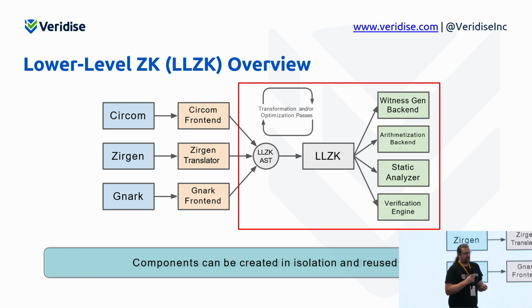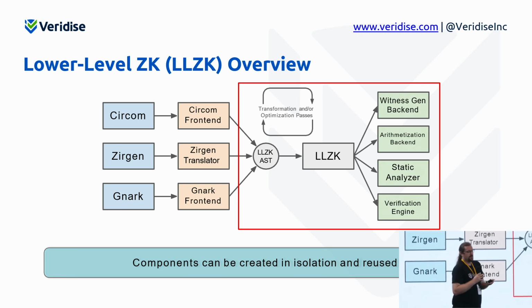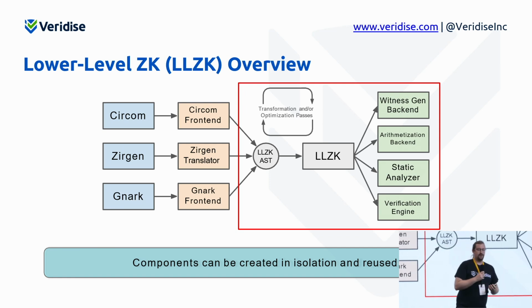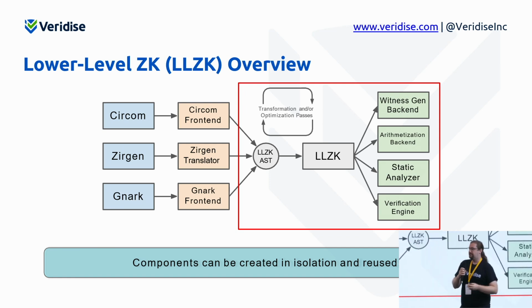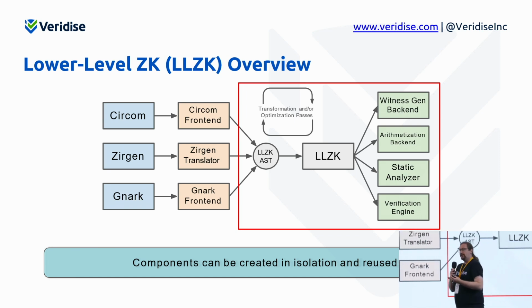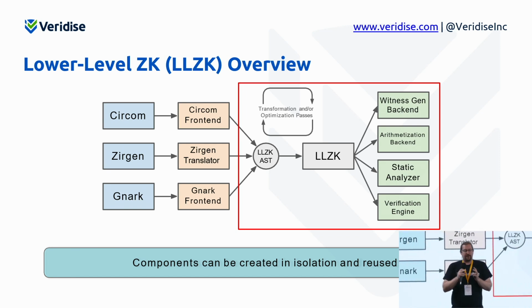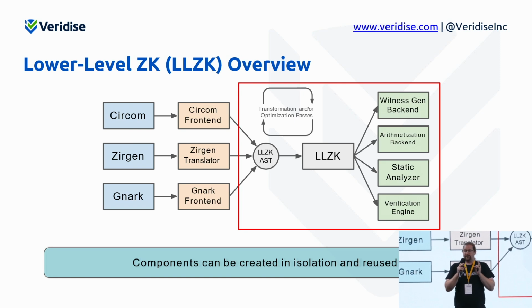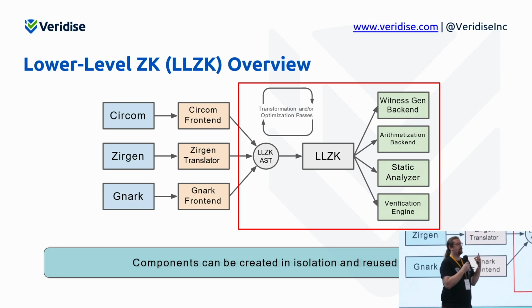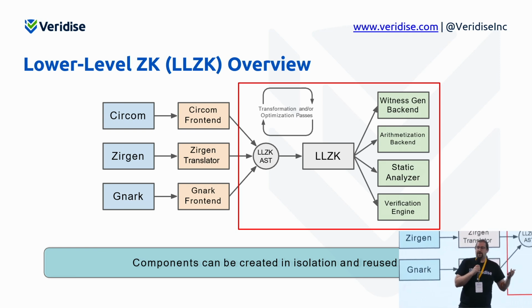And so let's take a look at some of the benefits that we can get from this. Once someone has compiled down to LLZK, which stands for lower level ZK, they can then make use of utilities that other people have written. And people can specialize and write particular parts of that stack without having to worry about the language that someone is operating over.